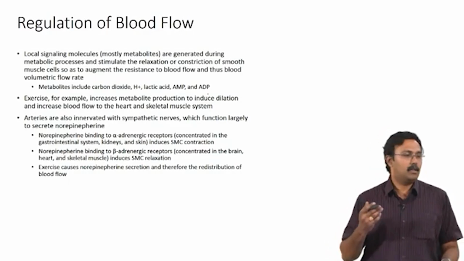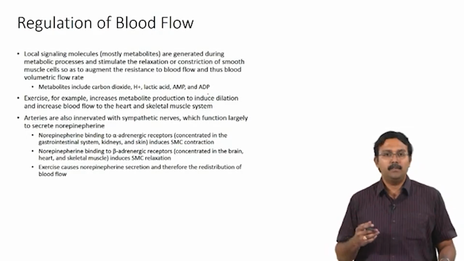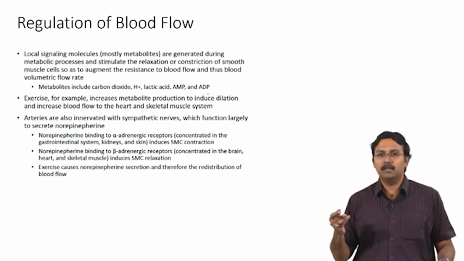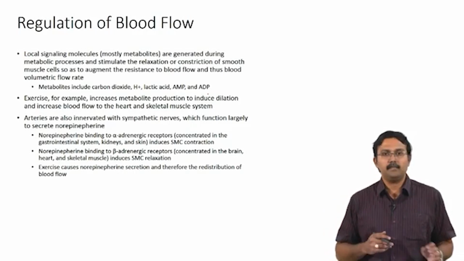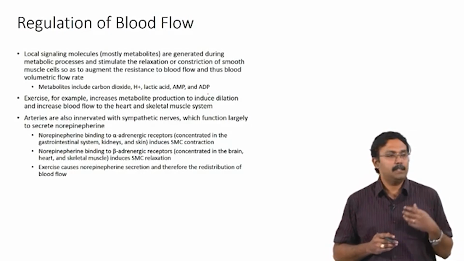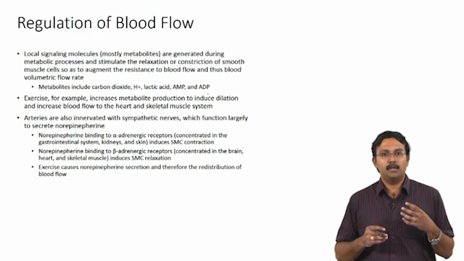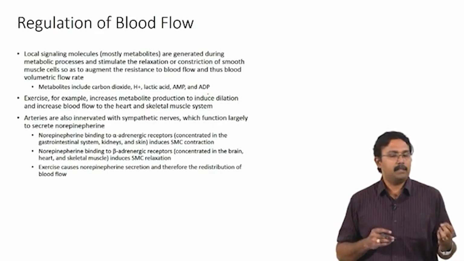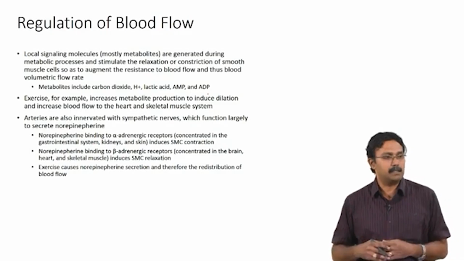Arteries are also innervated with sympathetic nerves. Their main function is to secrete norepinephrine. So, norepinephrine, which binds to receptors, can induce smooth muscle cell contraction. When it binds to some other receptors, the beta receptors, it can induce smooth muscle cell relaxation.